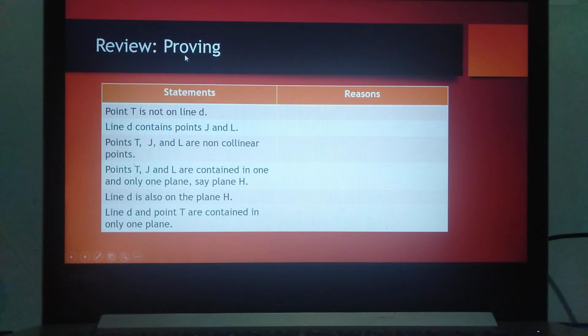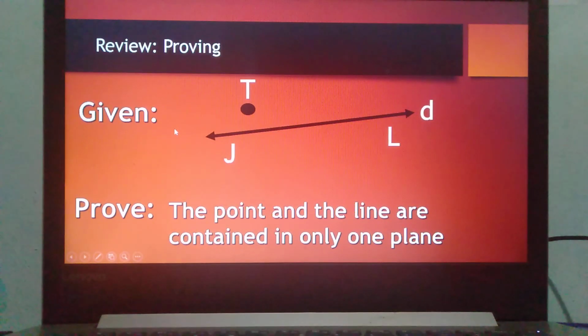Okay? So, next reason. For the second statement, we have line D contains points J and L. Let's go back again to the figure. Pag magpo-prove kasi tayo, kailangan alam natin yung nangyayari.